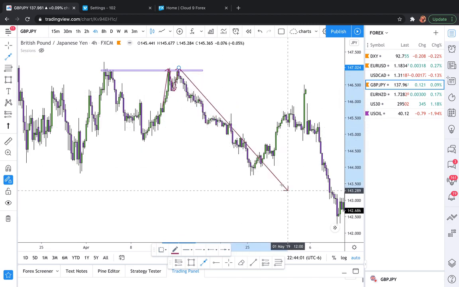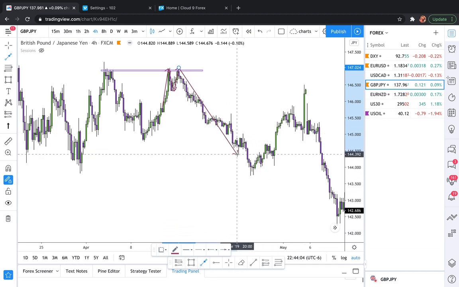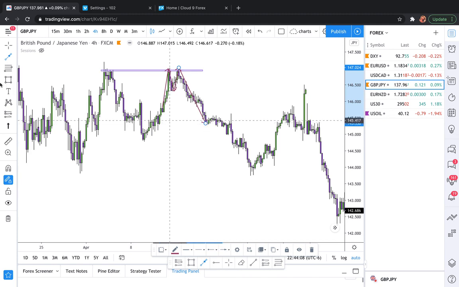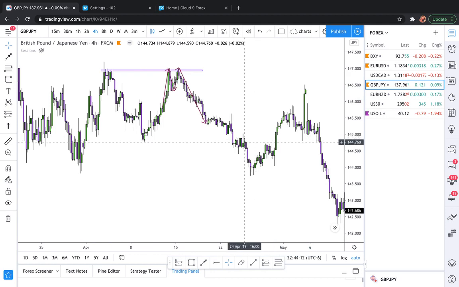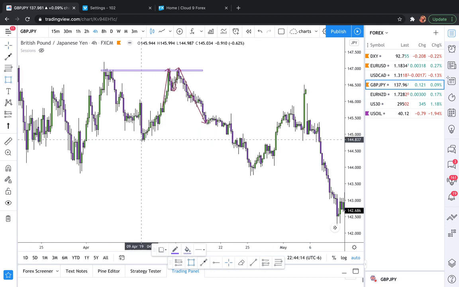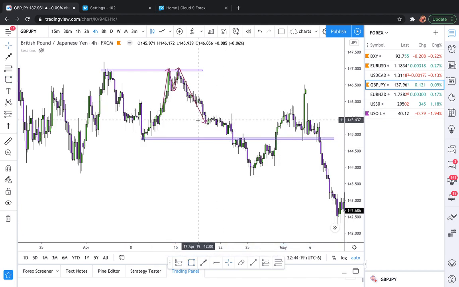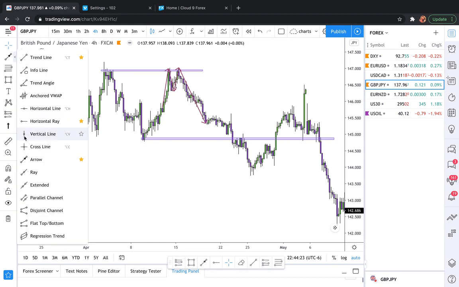This is kind of a long drop, to be honest, but basically what happened here is it just came to this structure, and then just kind of went sideways. So it didn't really do a correction here.